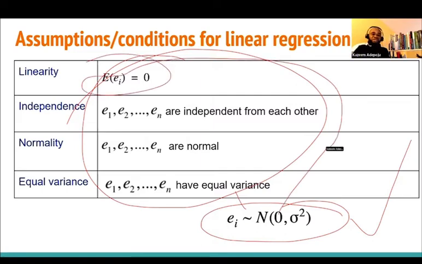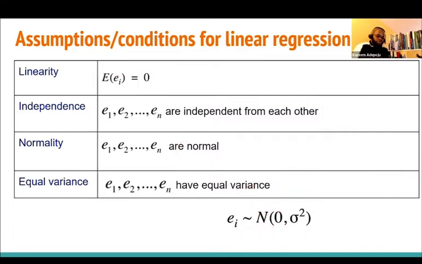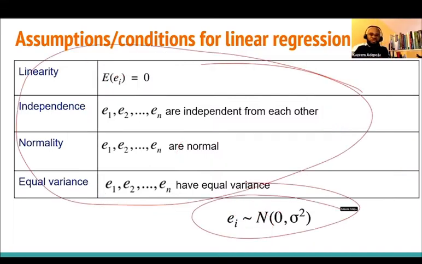It means the mean of the error is 0, the variance of the error is sigma squared, and of course N here means it is normal, and the errors are independently and normally distributed with mean 0 and variance sigma squared. We're combining all the assumptions in just one equation. Take a look at that.